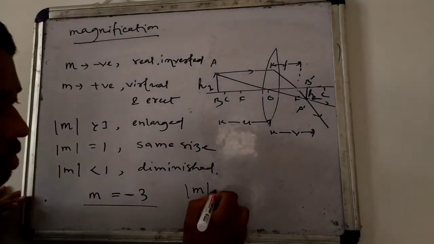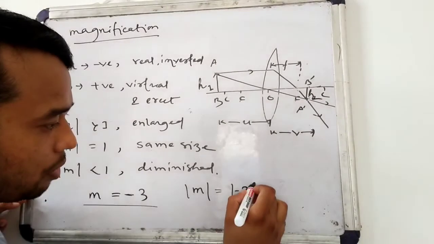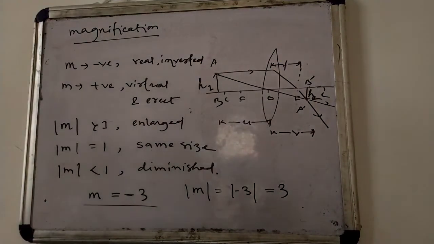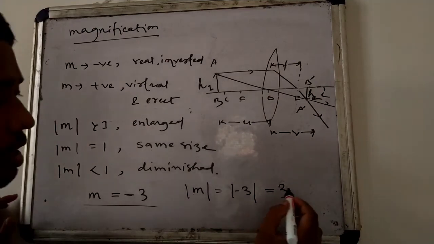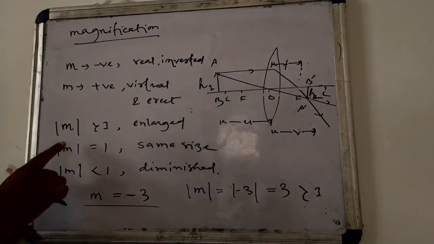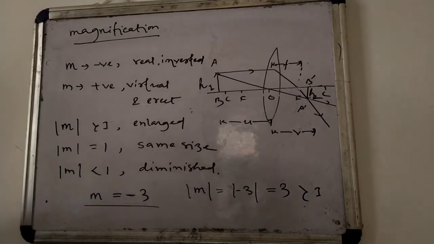Modulus of -3 is equal to 3 only, the sign should not be considered after taking the modulus. Modulus of +3 is also equal to 3. So this 3 is greater than 1, so then the image will be enlarged.